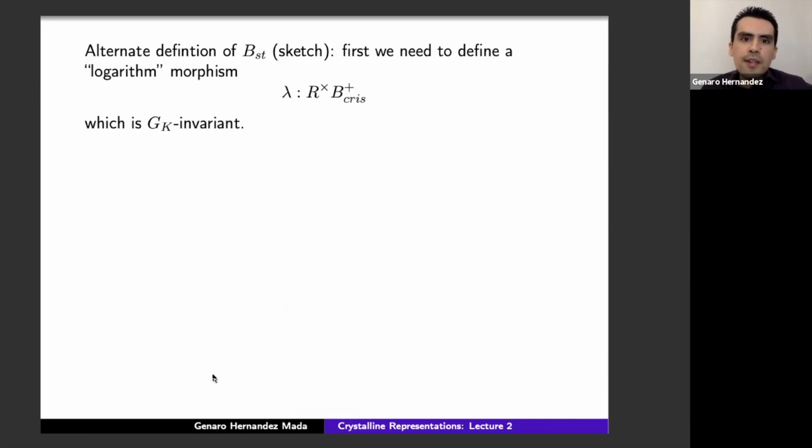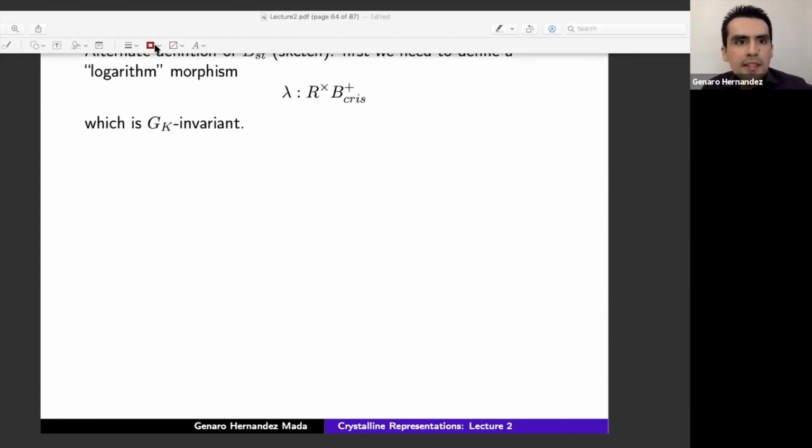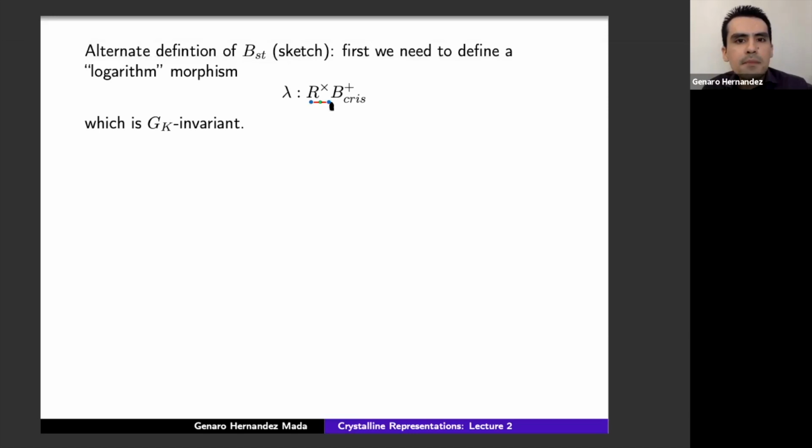So first, sorry, there's an arrow missing here. We define some kind of logarithm morphism from the units of R to B_cris^+, which is G_K invariant.